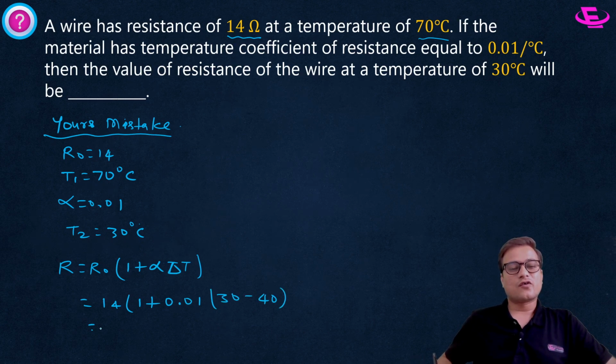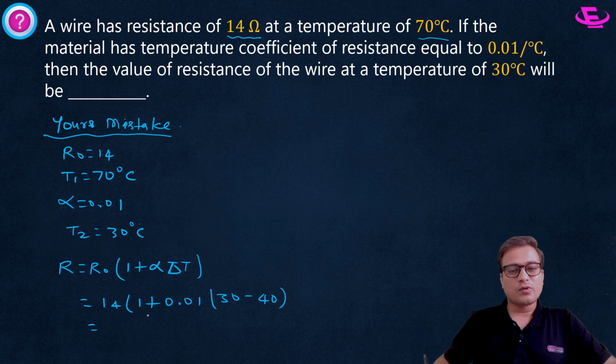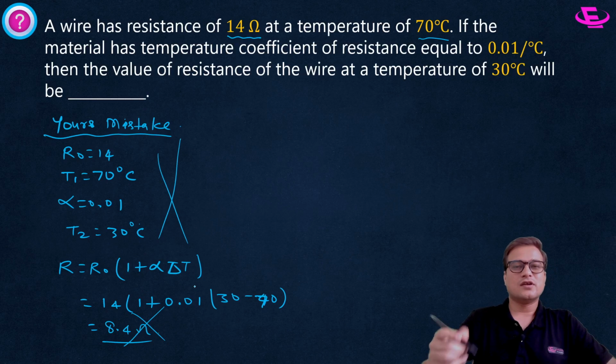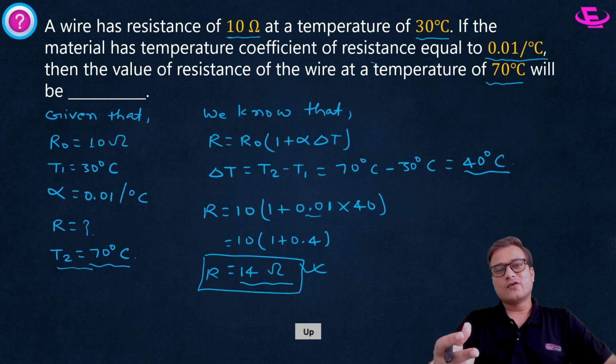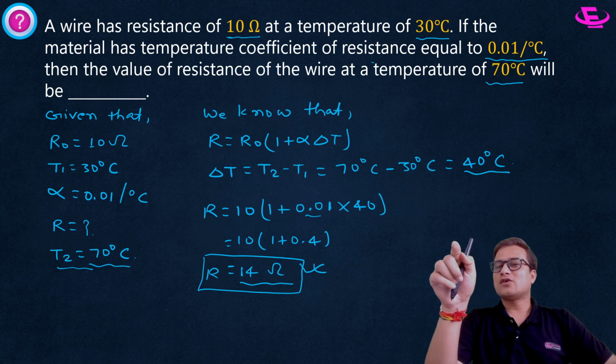So it will become 1 minus 0.4, and from here you write 8.4. This is a wrong solution. Why? Just before, what you calculated was that the initial resistance was 10 ohm and the temperature was 30.